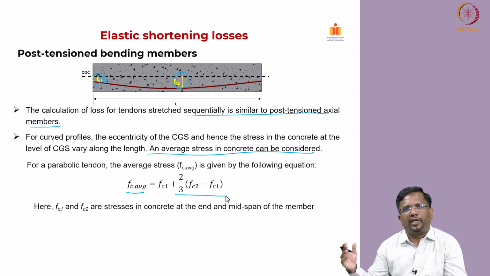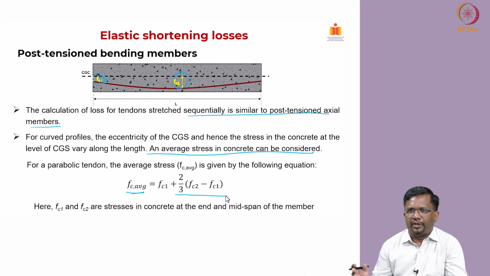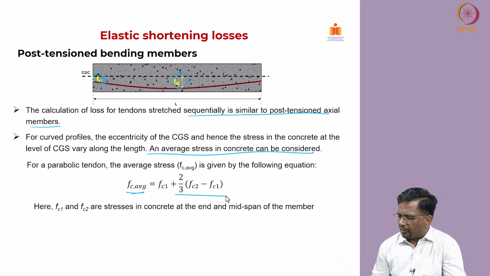Why? Because of the higher eccentricity of the pre-stressing cable, right. In this way you can take an average stress in the concrete along the length of the member. That average stress can be used for calculating the pre-stressing loss due to elastic shortening in a post-tension bending member.